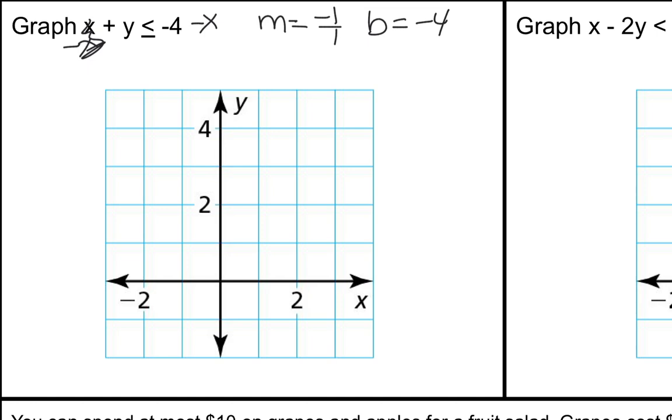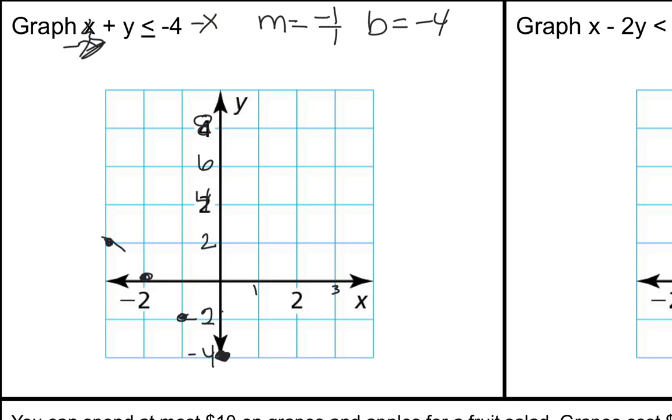Let's make this 2, 4, 6, 8, and make this 2, -2, -4. How about that? And these will still be 1, 2, 3. All right, so our y-intercept's here, and we're going to go down 1. I can't, so I'm going to do the opposite. Up 1 to the left 1, up 1 to the left 1, up 1 to the left 1.